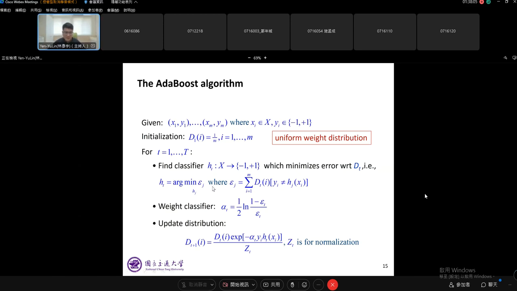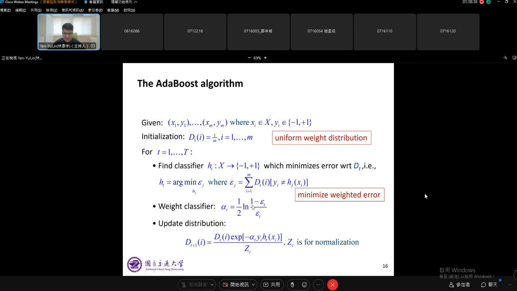Okay, the second step. In the first step, we choose the weak learner to minimize the weighted error. Let's look at the second step. Epsilon t is the weighted error of the weak learner ht. So let's calculate its weight.